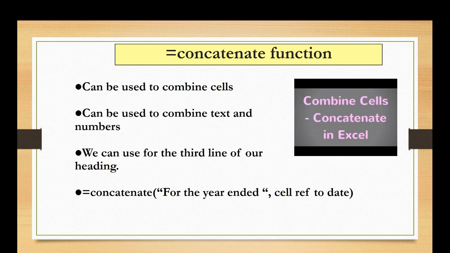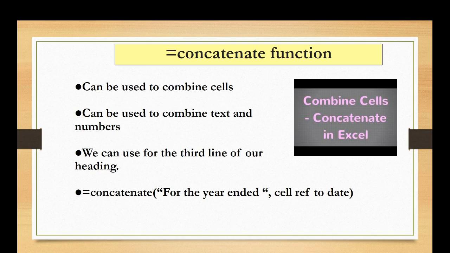So for example, in the 3rd line of our heading, we're going to use a concatenate function which combines the words "for the year ended" and then makes a reference to a cell to complete the date part. That way, when a user changes the date in the data section, the financial statement headings will automatically update by themselves.